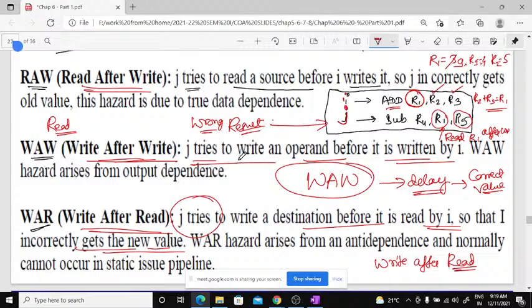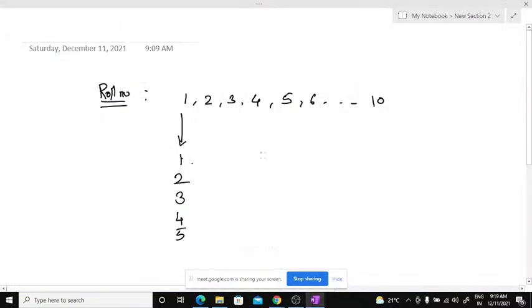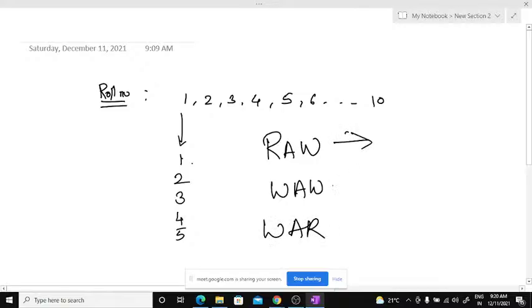So RAW, WAW, WAR. These are the three types of data hazard. Read after write: read the data after writing, so that we will get a correct value.